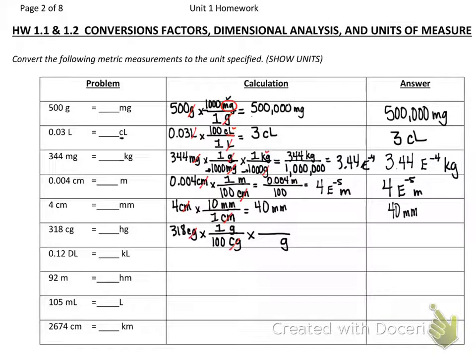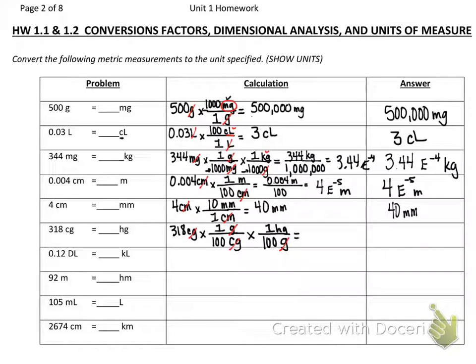Well, to get to hectograms, we know that we have 100 grams in 1 hectogram. And why does that happen? Because remember, each time we go up, the next step up would be deca, we multiply times 10. Then we multiply times 10 again, and we end up with hecto. So now we can cancel out our grams, and we're happy with hectograms.